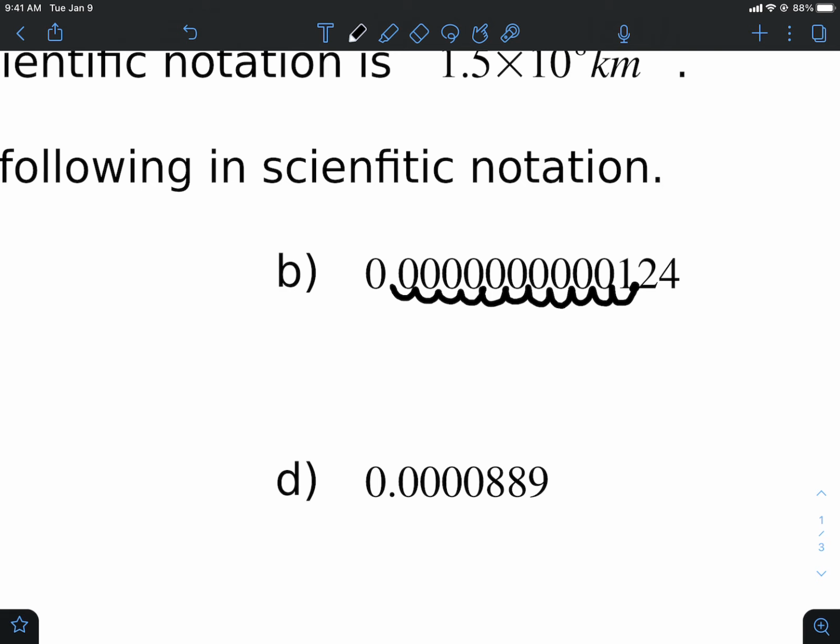Nobody said anything yet, and I'm curious as to whether or not anybody does say anything. Just let me finish this question. Which way did I move the decimal? To the right. So what has to go here? Positive what?